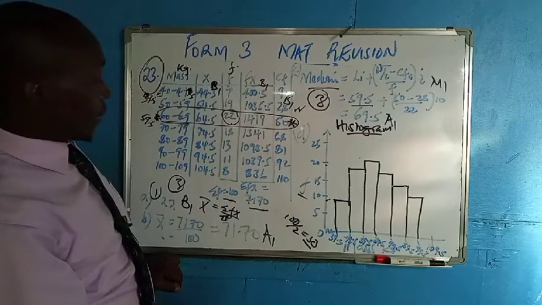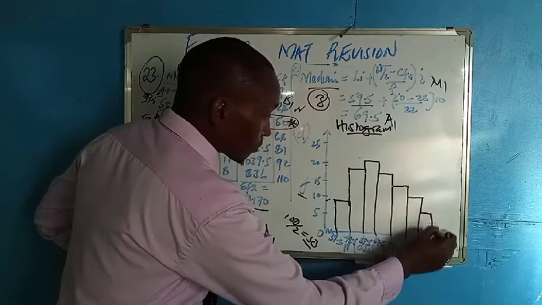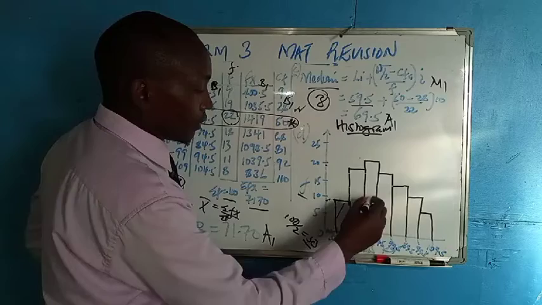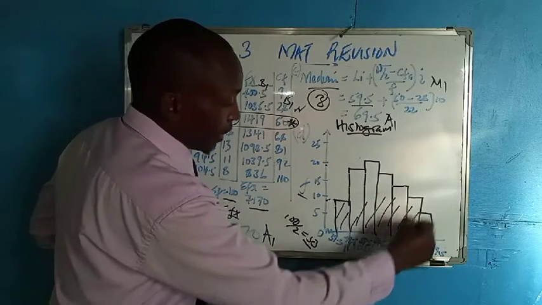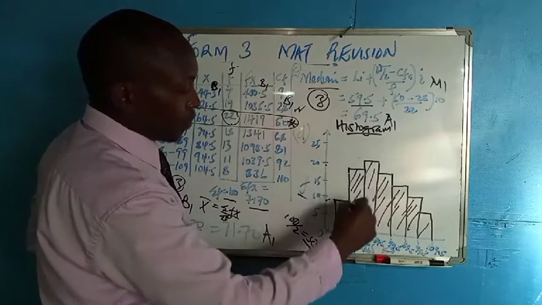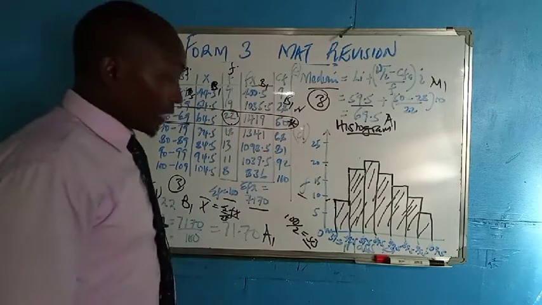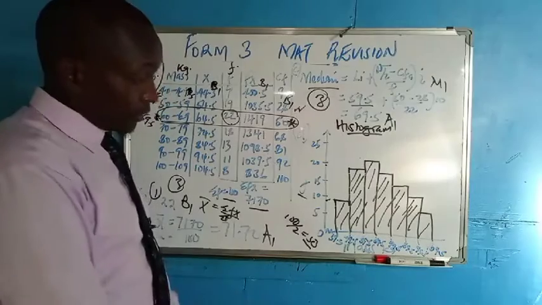And the other one is 8, just somewhere here. So my student, that is a histogram. It looks more of a bar graph, but the bars are together.